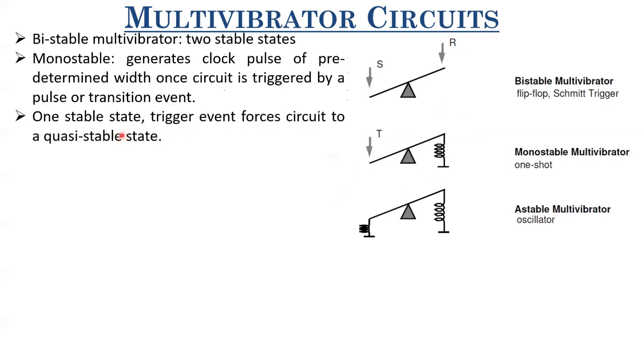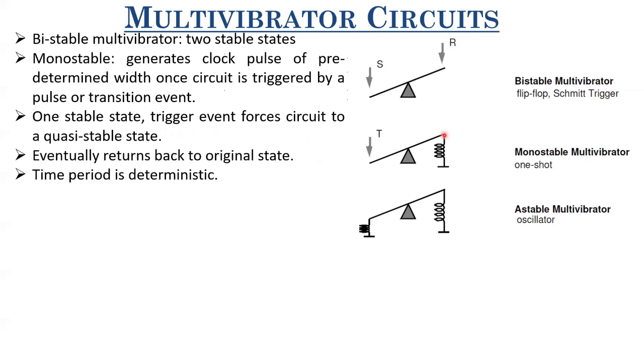As I discussed, it has only one stable state, and the trigger event forces the circuit to the quasi-stable state. However, it eventually returns to the original state. And after what time? The time is deterministic. It depends upon the circuit configuration, the topology, and hence you can create a one-shot pulse of a particular width. That is its main use. That is why it's also called one shot.